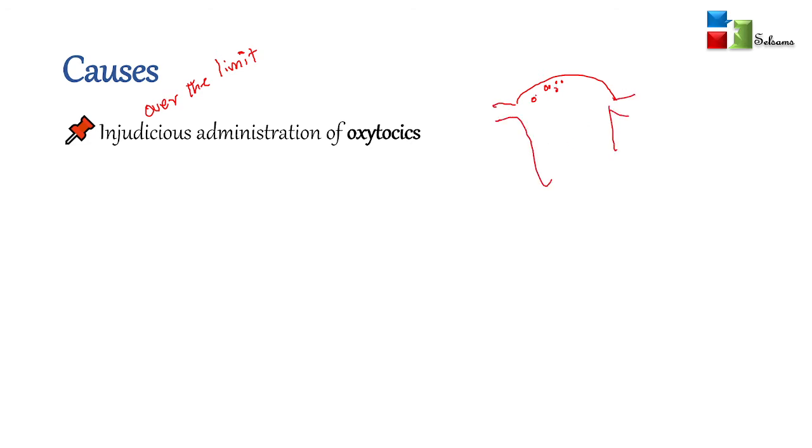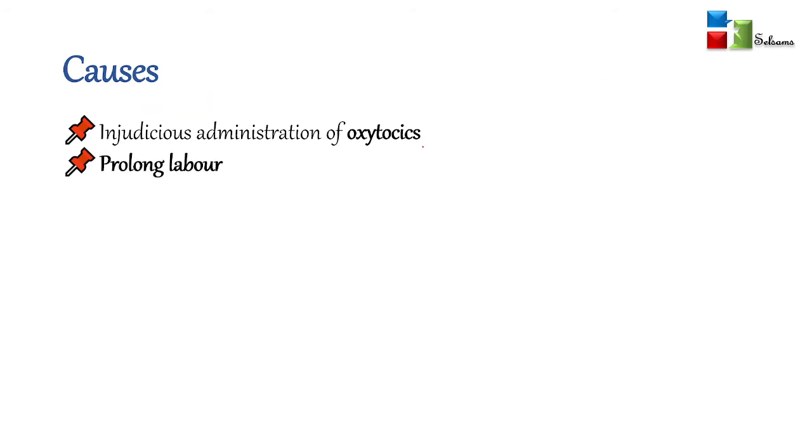When oxytocin is received, muscle contraction occurs immediately. If there is more oxytocin, more contractions occur. That is called hypertonic uterus. So if the patient has been administered more oxytocin, this might be a cause for the constriction ring.